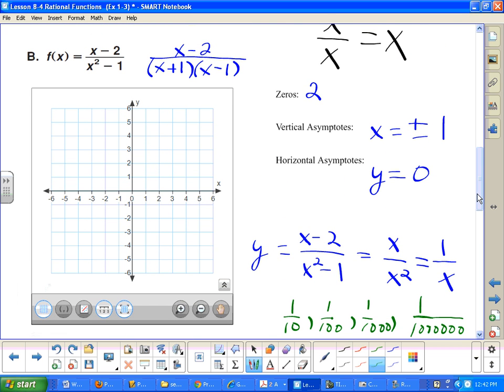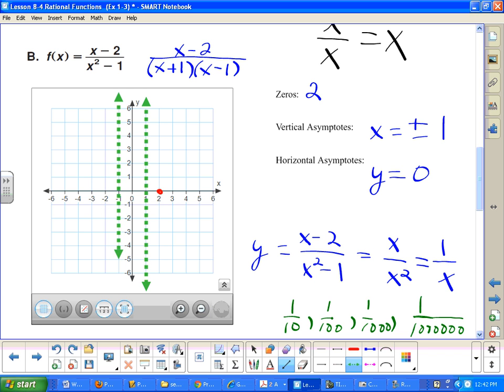So I graph it. I have a 0 at 2. Now I have 2 asymptotes in this case, at 1 and at -1. So I'll graph them. How many sections do I have to this graph?